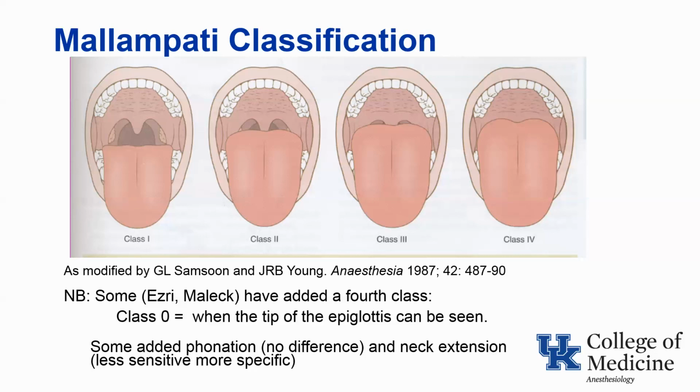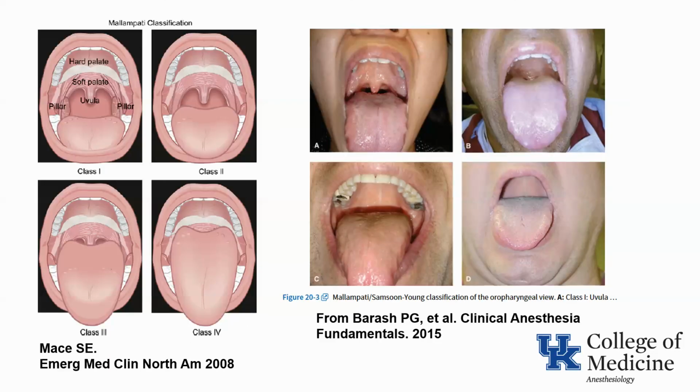Some have added a fourth class, so-called class 0, when you can see the tip of the epiglottis. And some have added phonation and neck extension to the performance of the Mallampati evaluation. Although phonation has not been found to improve it, neck extension does make it less sensitive but more specific.